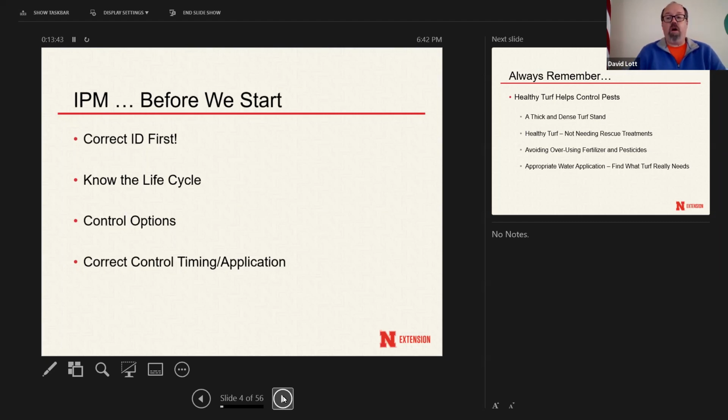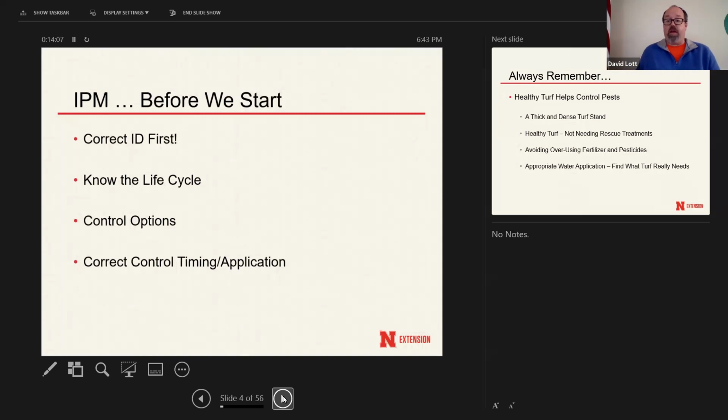If we get the wrong ID, then we are giving out the wrong recommendation. We're giving out the wrong potential product being used, or the wrong scouting methods. And that sends us down a different path that's not going to help us. So we have to know the identity of the pest first.